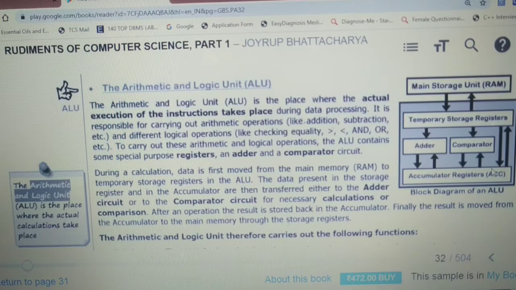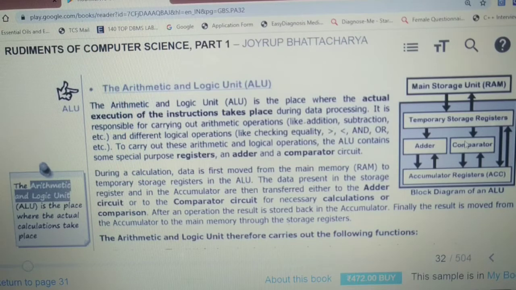So what will it do? With the adder circuit we can perform add instructions. Okay, and with the comparator we can check the equality, and check greater than and less than. These things we are checking over here.